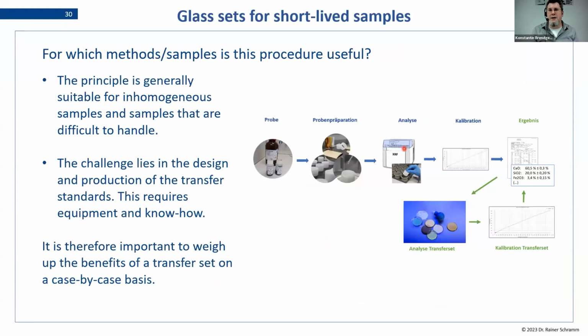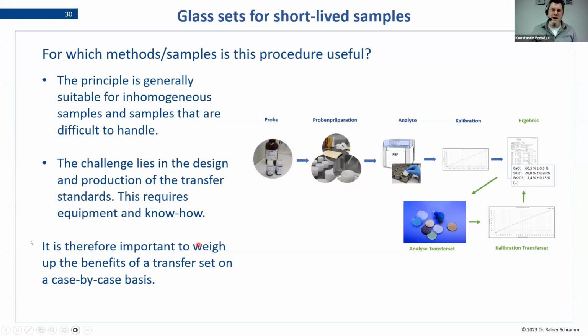Generally speaking, when is this method of a transfer set useful? It is generally useful for inhomogeneous samples or samples that are difficult to handle as a material. So liquids or, like I said, the baths before. And the challenge is always to design a set that makes it easy. So this requires quite a lot of testing and know-how.